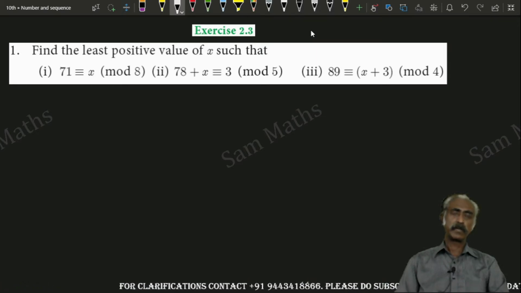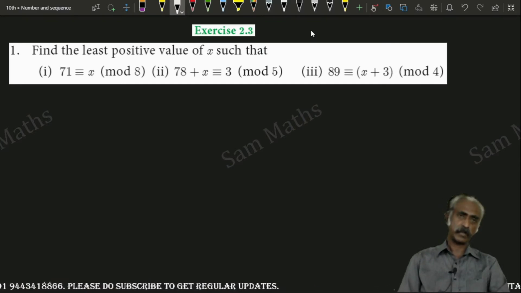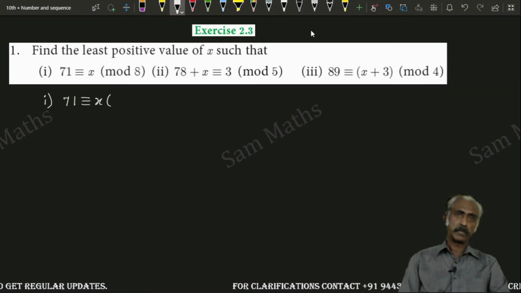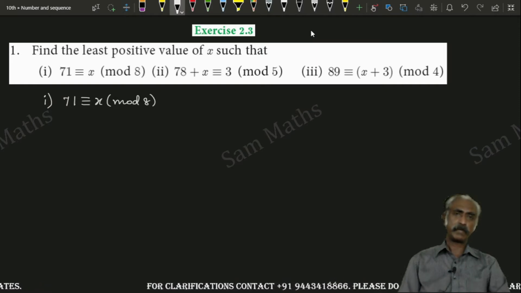Now, we are going to solve the problems from exercise 2.3. First question, find the least positive value of x such that, first subdivision, 71 is congruent to x mod 8. Here we have to divide 71 by 8.